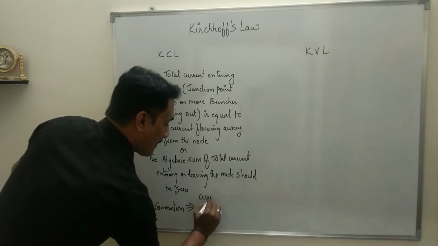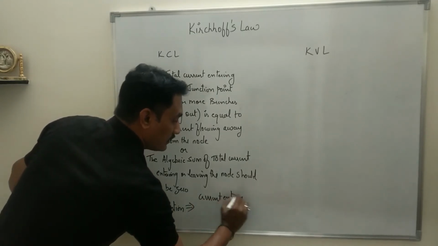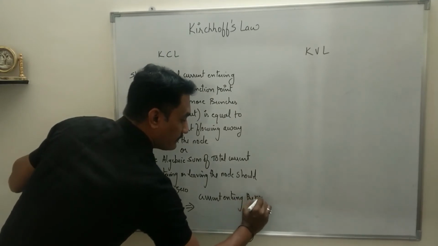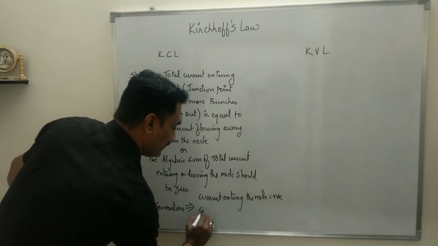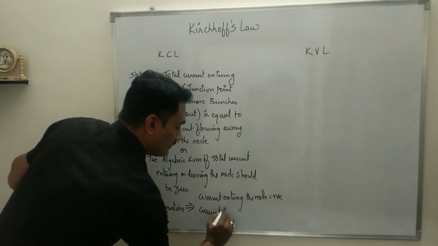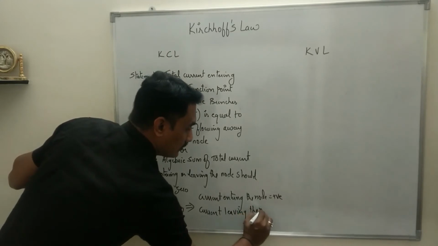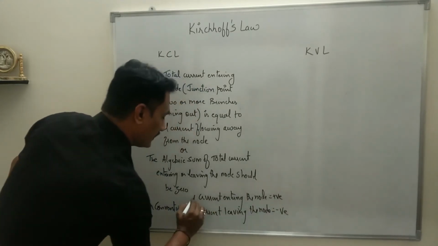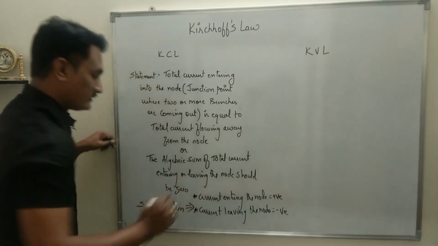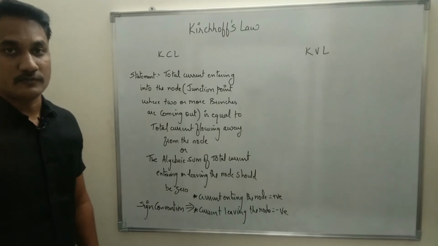Current entering the node should be taken as positive and current leaving the node should be taken as negative. So these are the two points. Sign convention: current entering the node should be positive, current leaving the node should be negative.